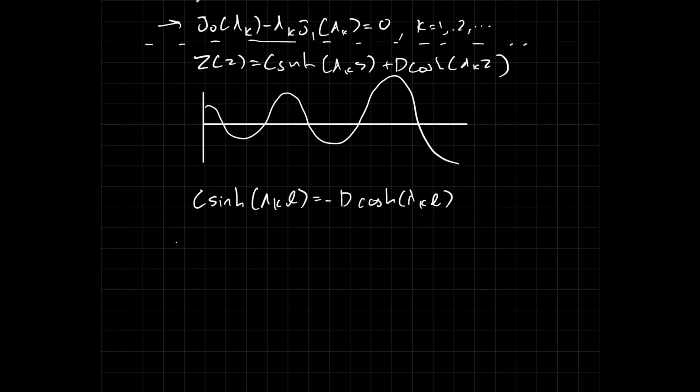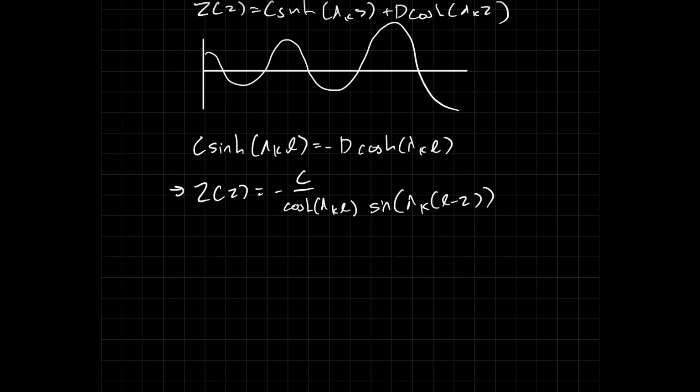So finally, our last equation, just after plugging everything in to both, what we basically get is Z of z is going to be equal to negative c cosh lambda k L sinh lambda k (L minus z).